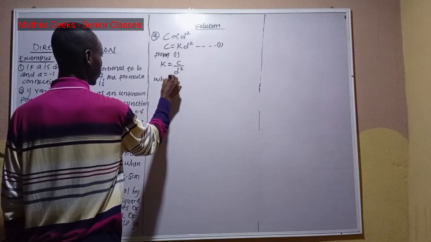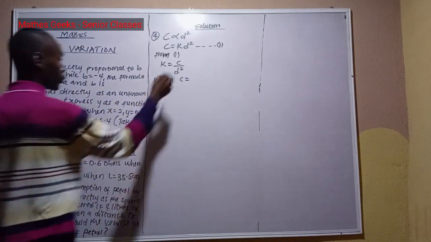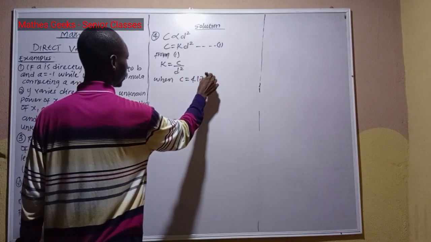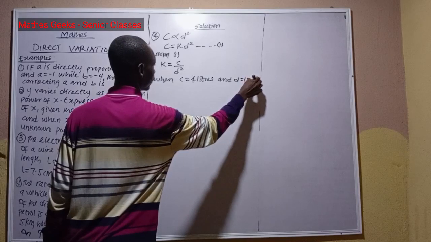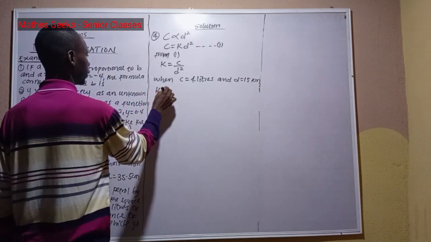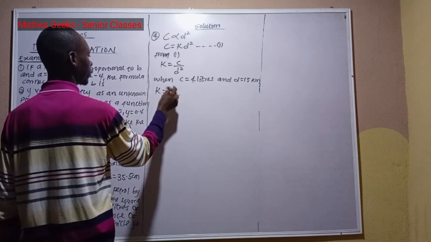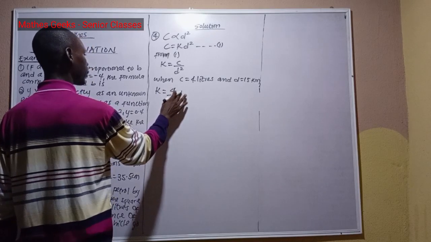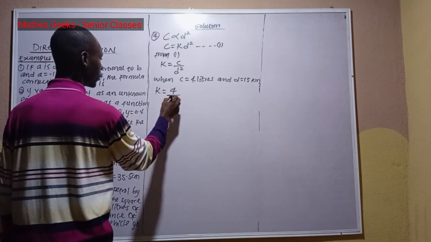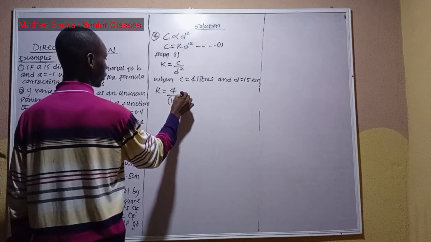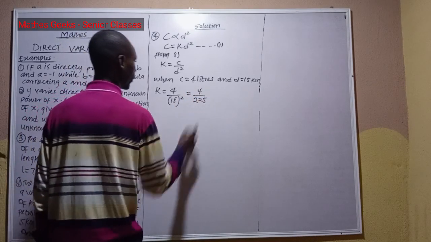So when C is equal to 4 liters of petrol and D is 15 kilometers, k is equal to 4 over 15 squared. 15 squared is 225.